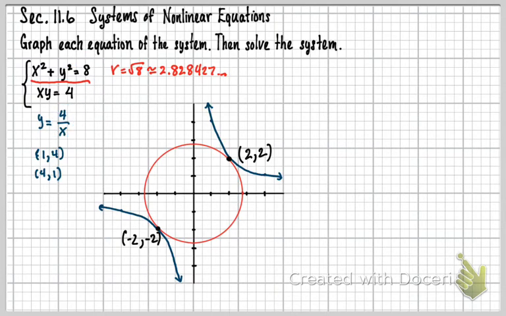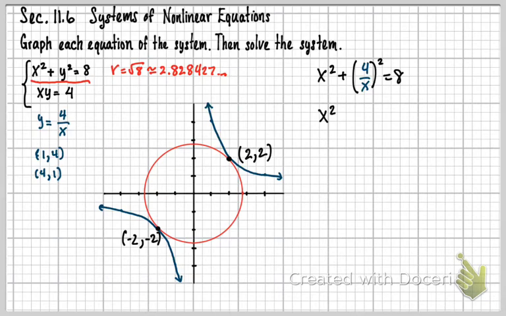Now if I'm looking at that top equation, I have x squared plus a y there. Instead of that y, I'm going to put in 4 over x, squared, and that equals 8. Now I'm going to multiply this out and solve this equation.